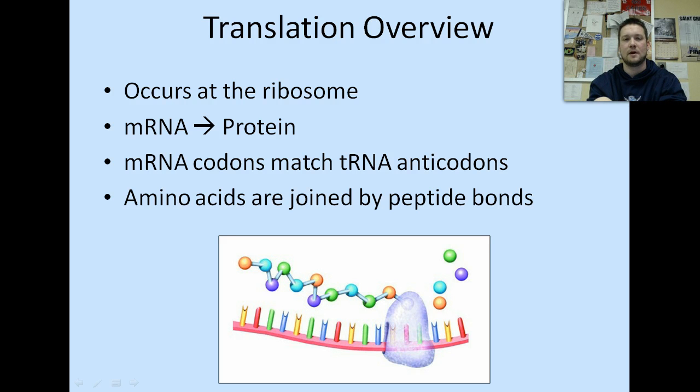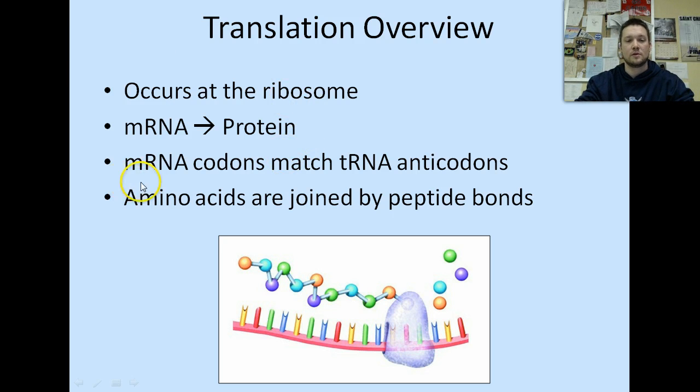We're really just talking about the process of translation, which is how we take that mRNA, as you can see here, and actually use that to make a protein. This occurs in the ribosome. You may remember from last semester, Objective 2, that ribosomes are the site of protein synthesis in cells, and that's what we're going to talk about a little more today.